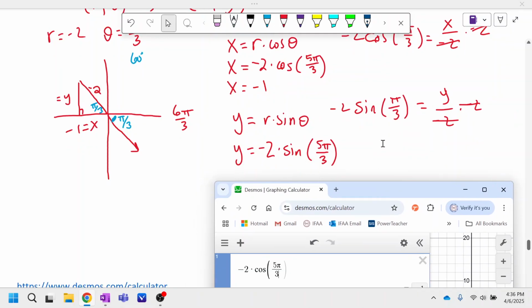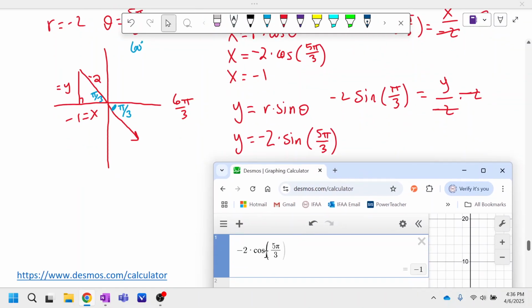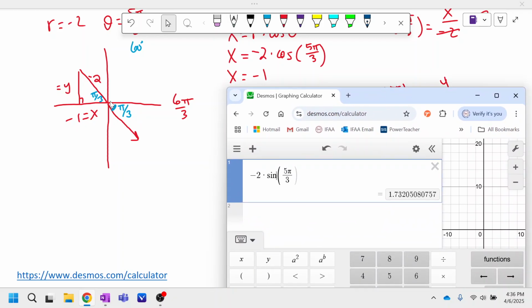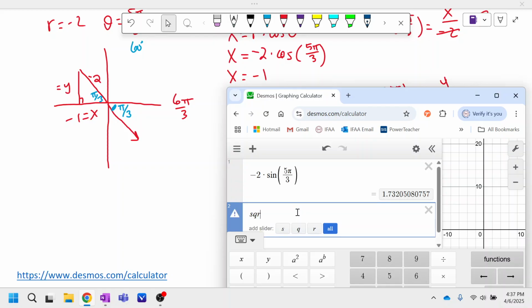It's almost the same as what I typed in earlier, only this time it's negative 2 times the sine of 5 pi over 3. And this gives me, what is that, 1.73? Oh, wait a minute. Remember, this was a 1, 2, square root of 3. Let's try the square root of 3.